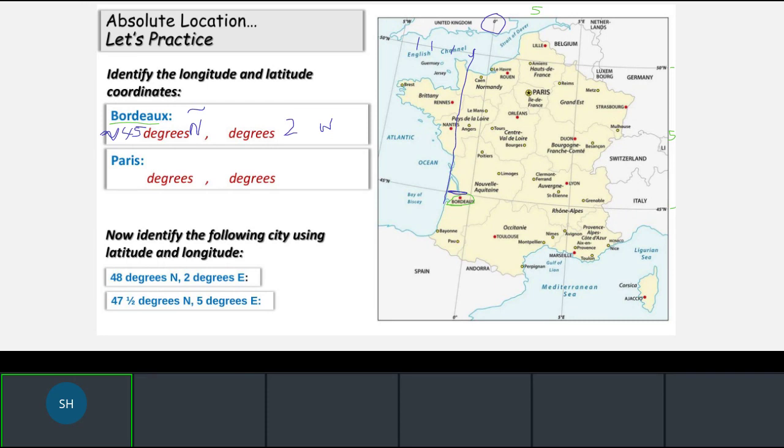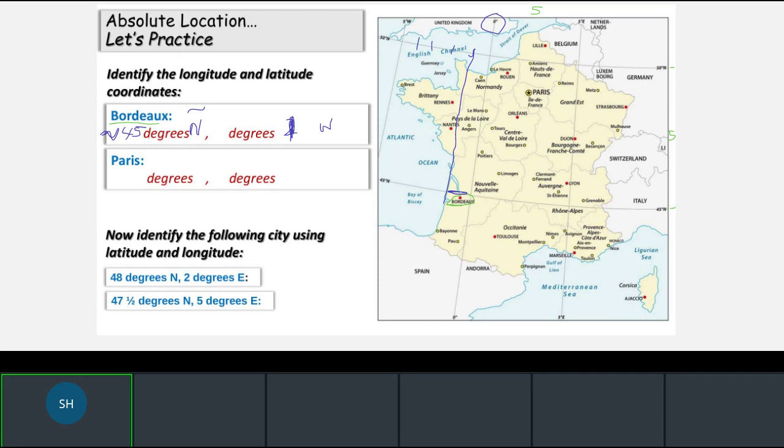So if we actually look up the line, well, no, you know what? I said this was 1. Let's go ahead and just call it 1 degree here. So if we actually look up the calculations for Bordeaux, it is approximately, meaning exactly, 44.8378 degrees north.